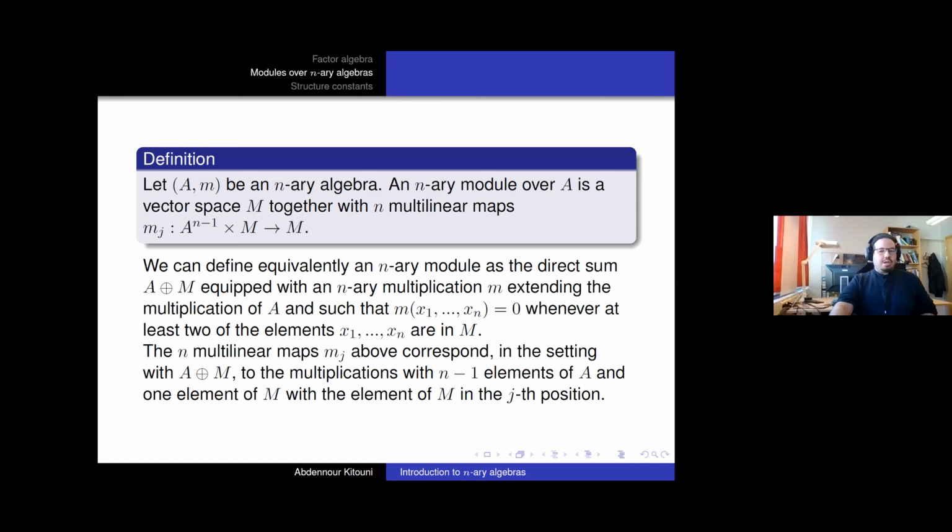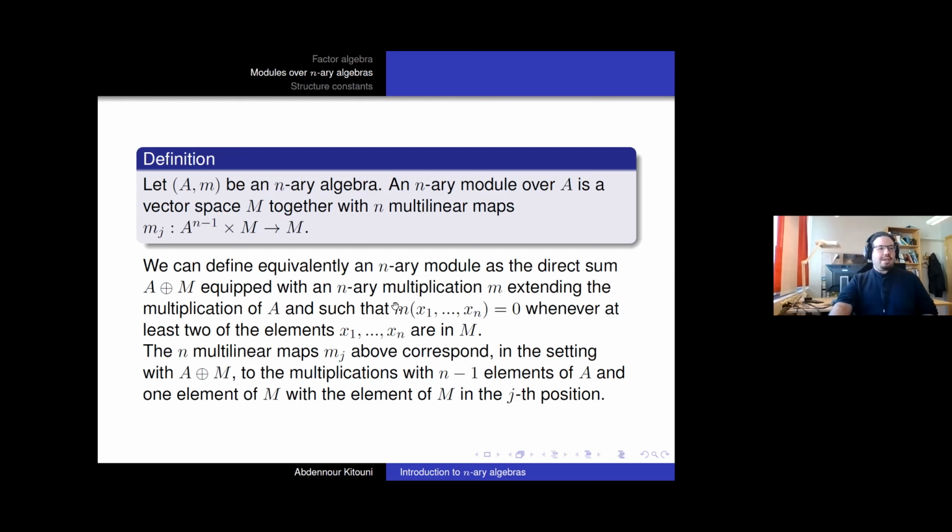So just one thing before I move on: the reason I have n multilinear maps here is because this algebra is not necessarily skew symmetric or symmetric, and each one of these corresponds to the multiplication where the unique element of M is placed in a different position.